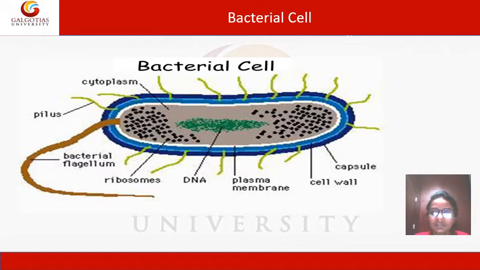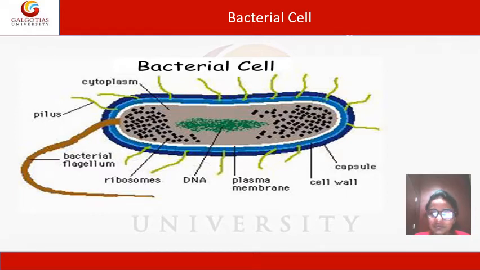In some bacteria this capsule layer is present, and in some bacteria this capsule layer is not present. So it is not necessary that every bacterial cell has the capsule layer. A bacterium that has a capsule layer has more virulence power as compared to a bacterium that does not have this capsule layer.